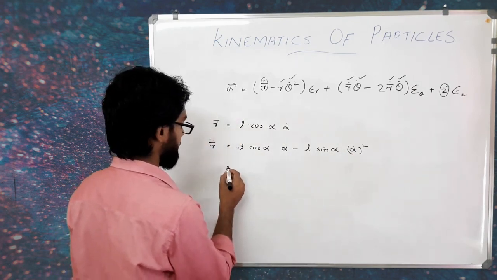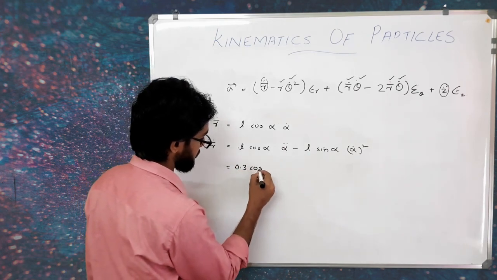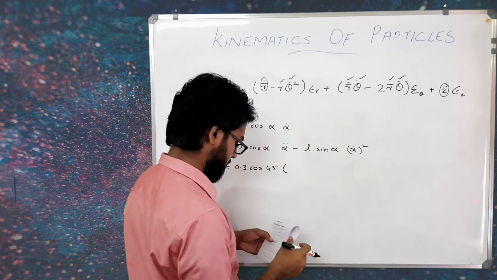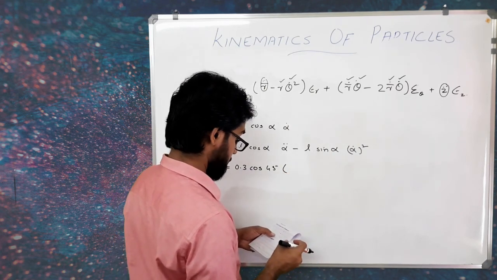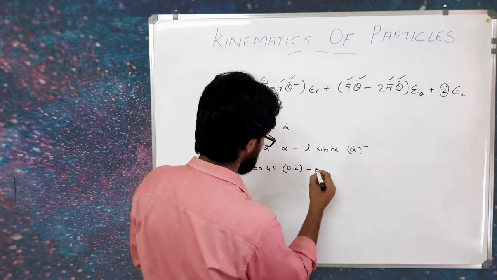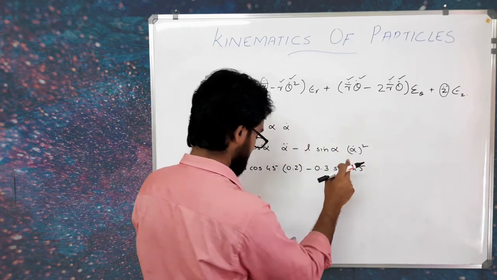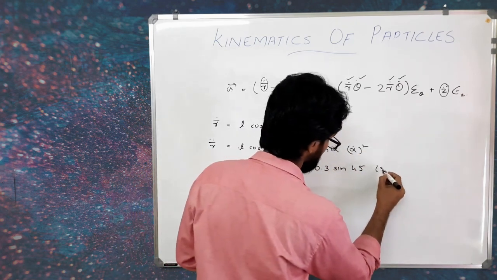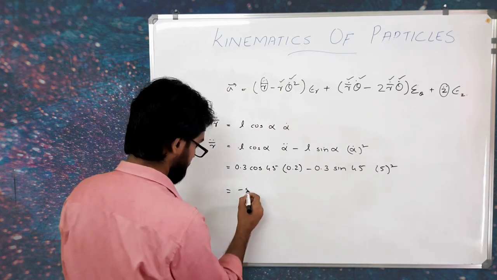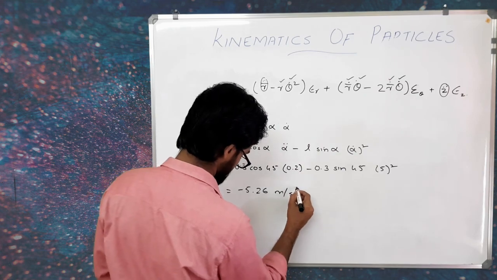So substituting the values, L equals 0.3, cos 45 into alpha double dot, the value is 0.2, minus 0.3 sin 45, and alpha dot, the value is 5, so 5 square. Now this value will turn out to be minus 5.26 meter per second square.